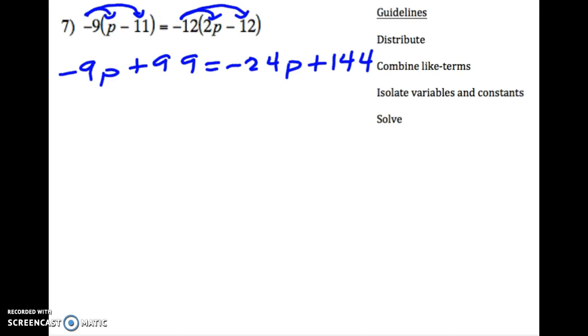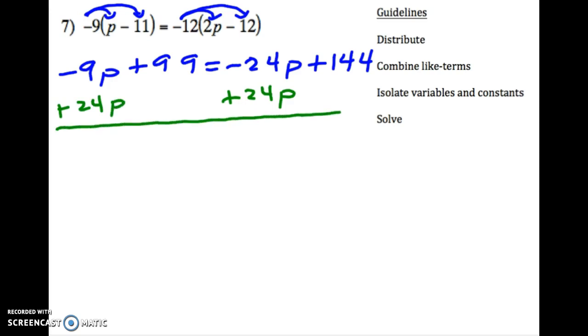Once again, I like working with positive coefficients on my variables, so I'm actually going to add the 24p to both sides. Negative 9 and a positive 24 means I should have a positive 15p there. Those will cancel, and we're looking at 144 on the right side of the equation.